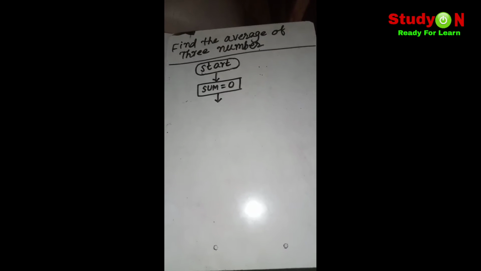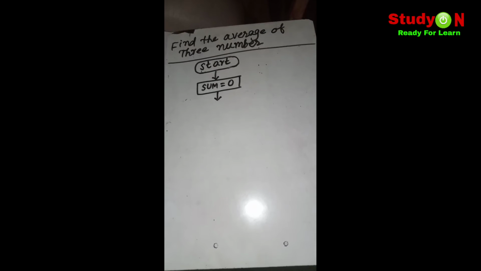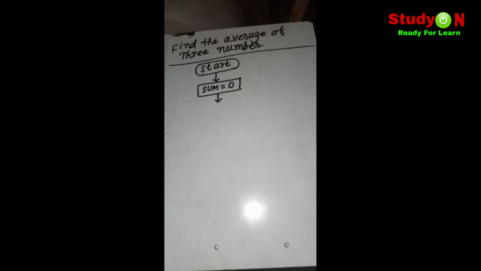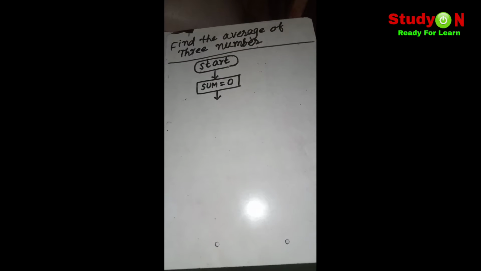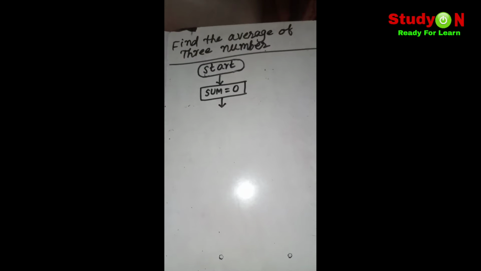For finding the average of three numbers, we require three inputs. Then we calculate the sum of the three numbers, and then we divide the sum by 3 to find the average.